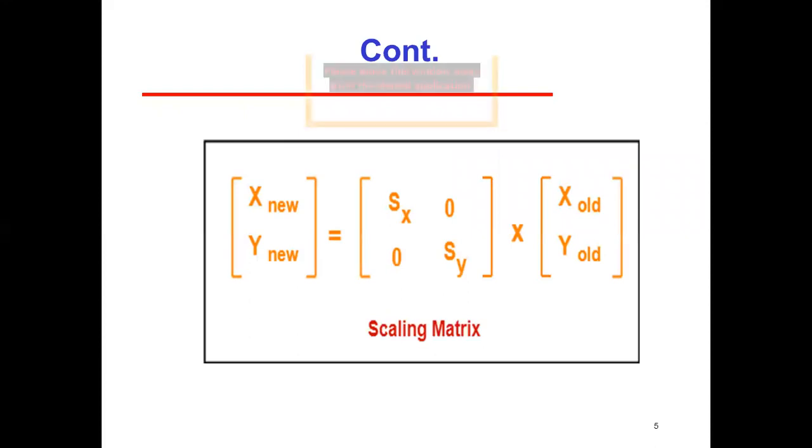This is called the scaling matrix: x new, y new equals the matrix sx 0, 0 sy, multiplied by x old, y old. This is the proper way to represent the preceding scaling equations in the form of a scaling matrix. This is called the matrix representation of the preceding equations.